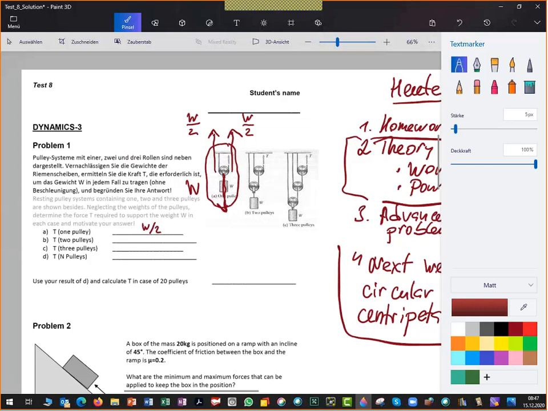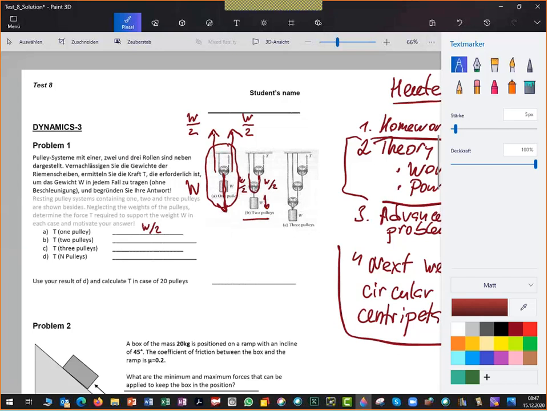So let's check the B option now. So again we have W, this is the only force that acts downwards, and it is opposed by multiple pulleys, and again if we separate this force this way, then this part should be W divided by 2, and this should be W divided by 2.